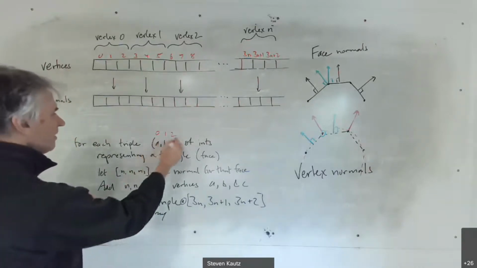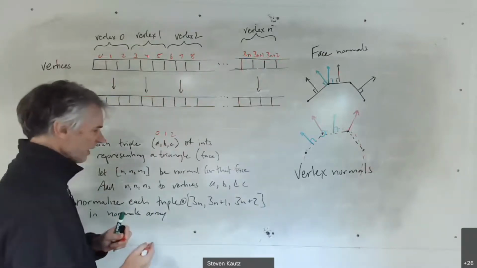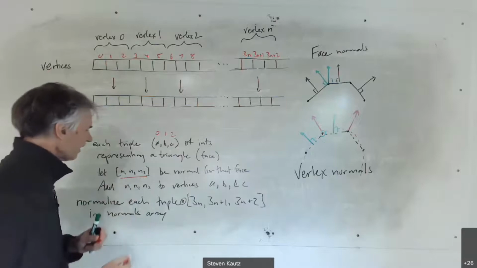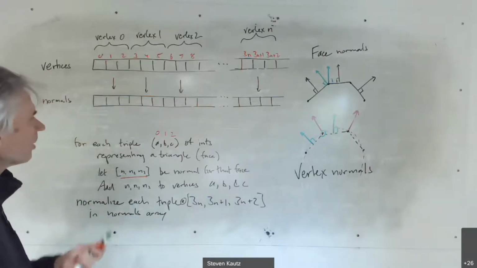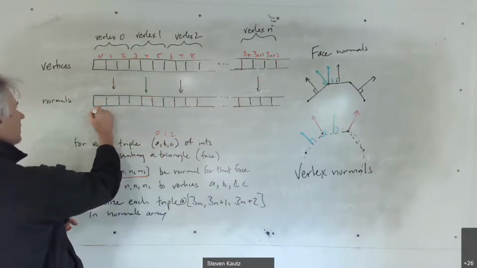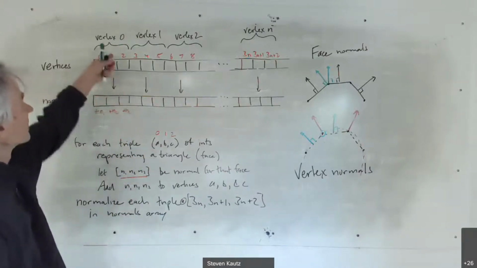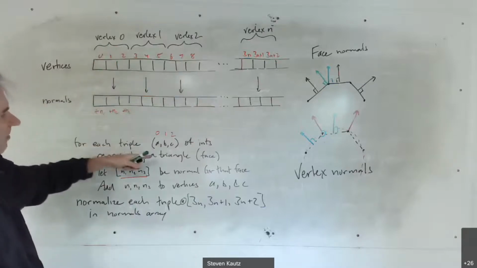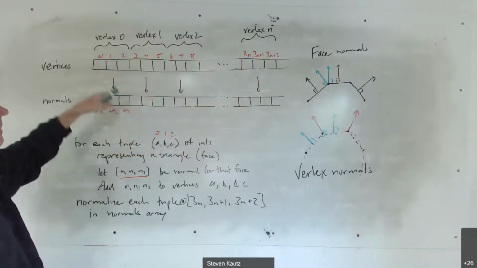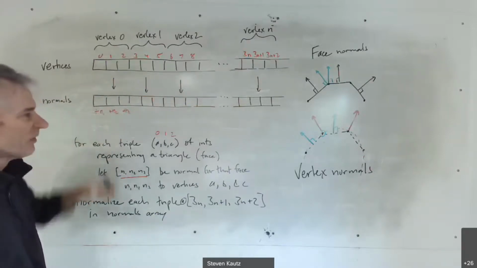I would take that triangle and compute a normal vector, the face normal for that triangle, represented by 3 numbers that I'll call n1, n2, and n3. Then we would take vertex 0 and add n1, n2, and n3, because that's vertex 0. And we know that because I have a 0 in this triangle, that face is adjacent to vertex 0. So that face normal needs to be added up as part of the faces that are adjacent.